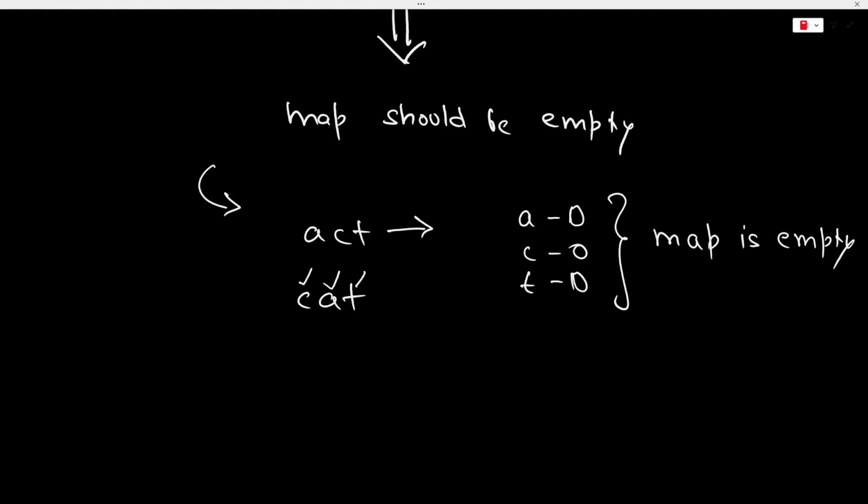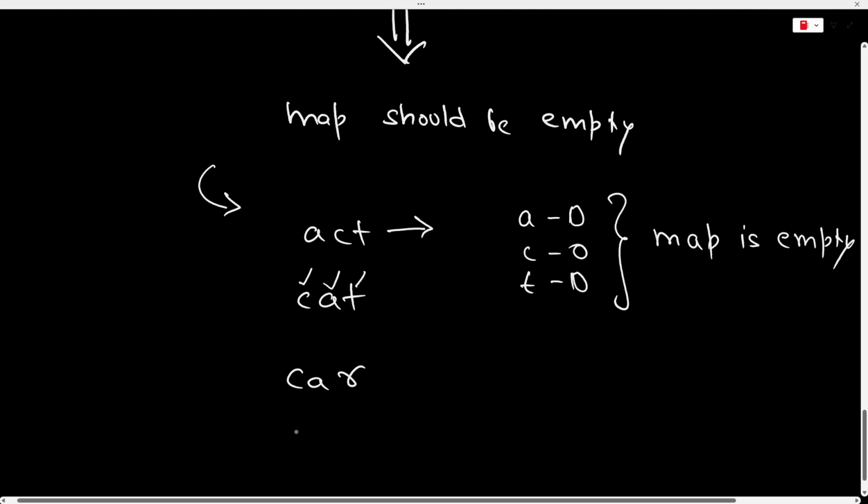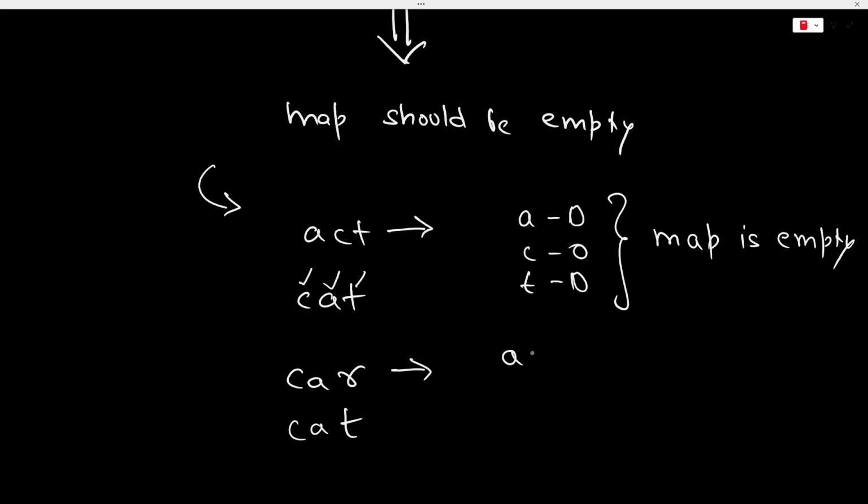If our strings were car and cat, in that case, after first traversal, our map would look something like this. And after second traversal, A and C will be cancelled.